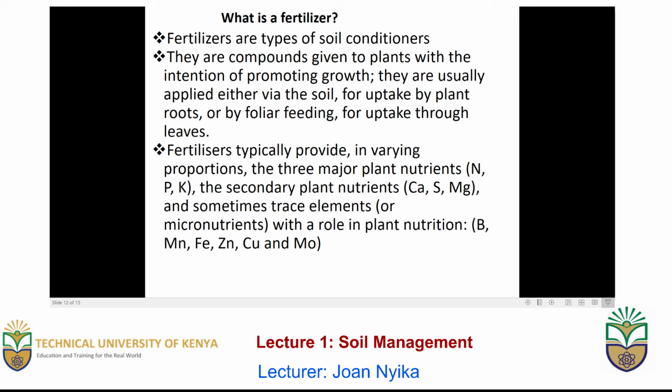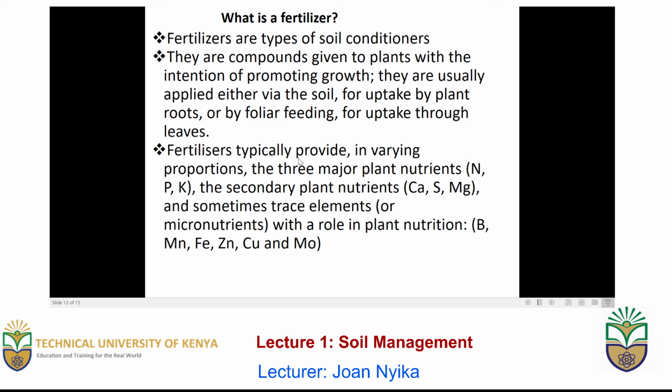They are compounds that are usually introduced to plants to ensure that you promote growth or you enhance the yield rate, and they can either be applied in the soil to be taken up by the roots, or they can be fed on the leaves through spraying, what we call foliar feeding.